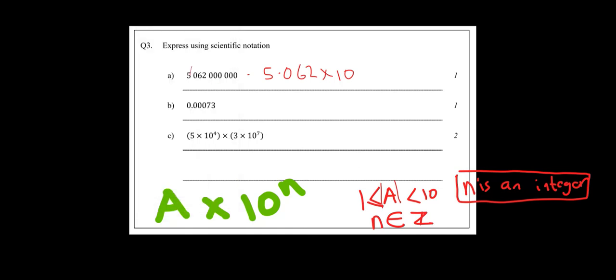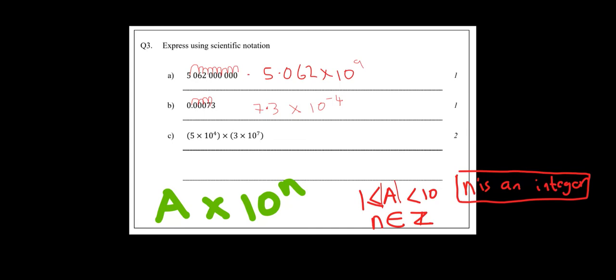Okay, so we've got 1, 2, 3, 4, 5, 6, 7, 8, 9. No, that was right. Okay, we've got 7.3 times 10 to the negative 1, negative 2, negative 3, negative 4.